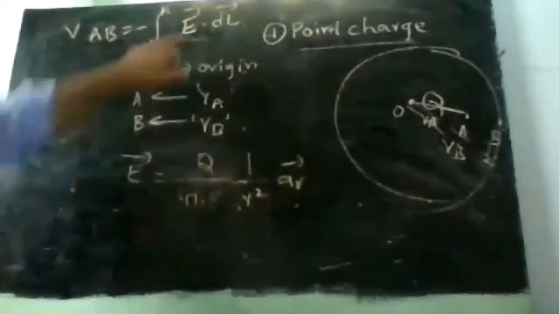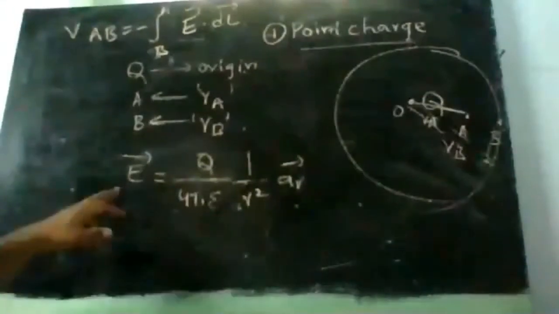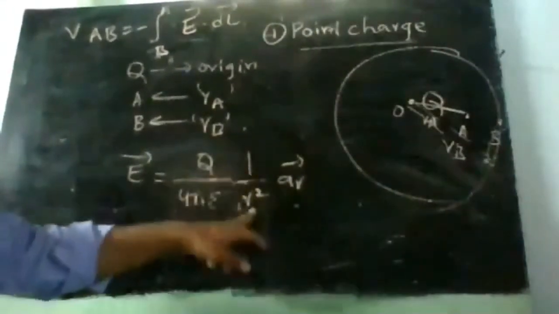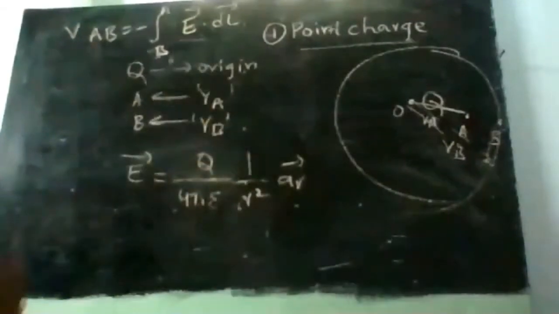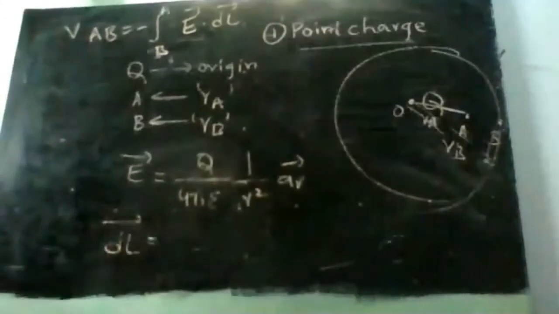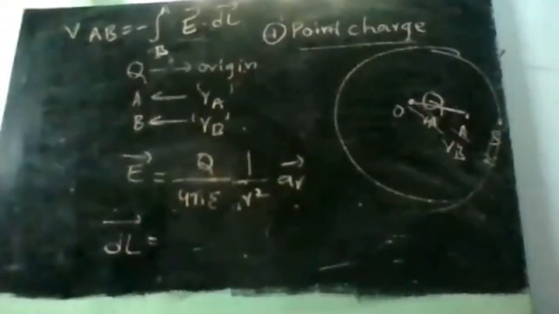So firstly, what is E bar because of a point charge? E bar is equal to Q by 4 pi epsilon 1 by R square AR bar. Similarly, what is DL bar? What is the coordinate system we have considered? The coordinate system that we have considered is a spherical coordinate system.